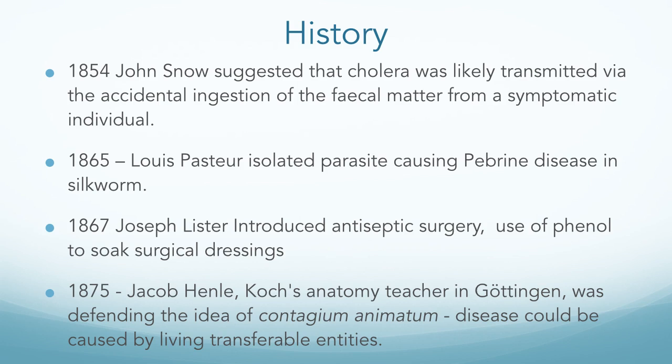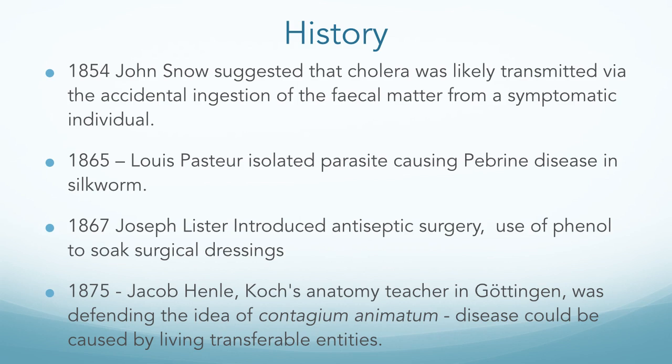In 1875, Jacob Henle, who was Robert Koch's anatomy teacher in Göttingen, was defending the idea of contagium animatum, that is, disease could be caused by living transferable entities.